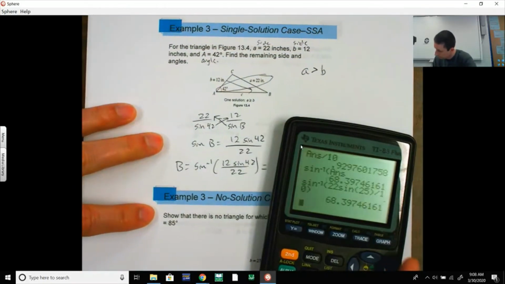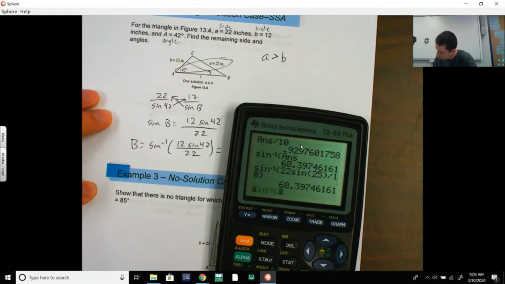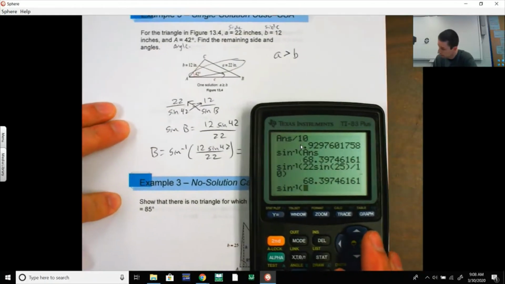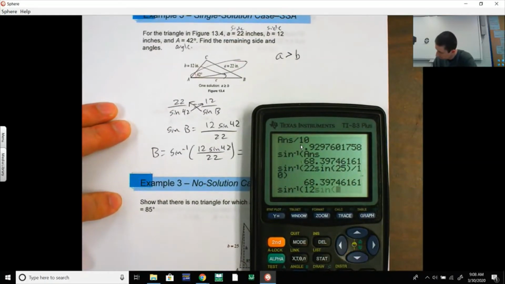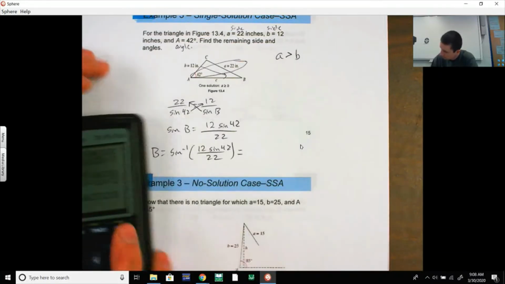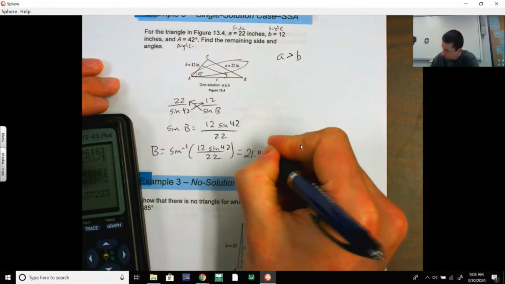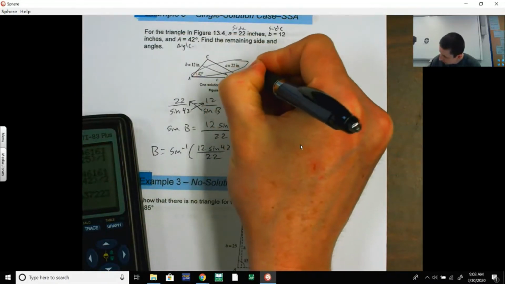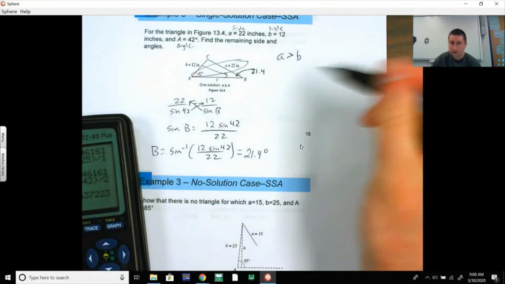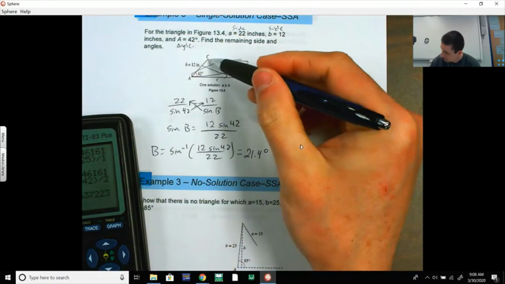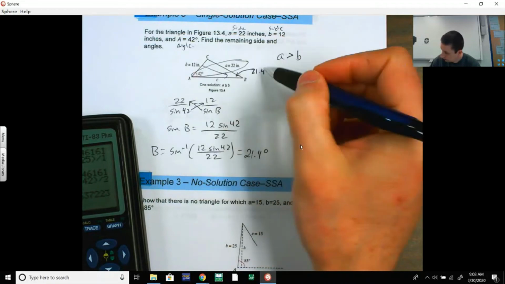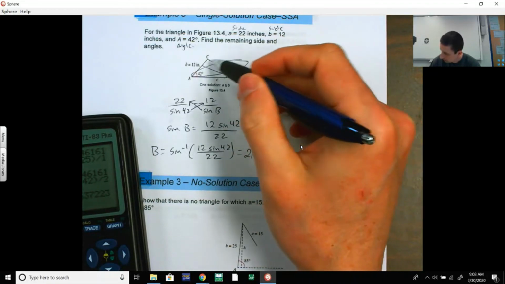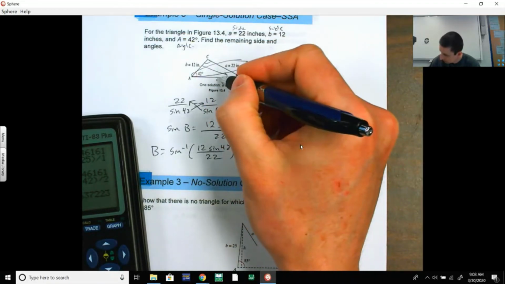So see if this works out better this time. Inverse sine of 12 sine 42 divided by 22, 21.4. Okay, so this one right here is 21.4. Now to find C, I would take 180 minus those two. That'll find C. And once you find C, then you can use the law of sines and find side length c.